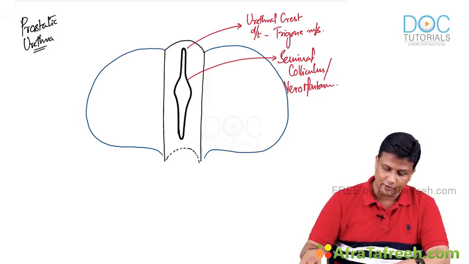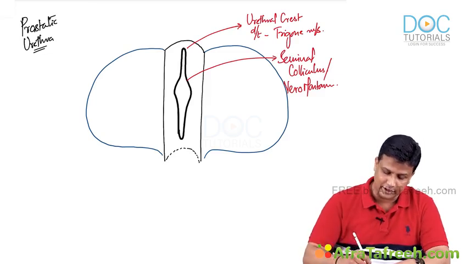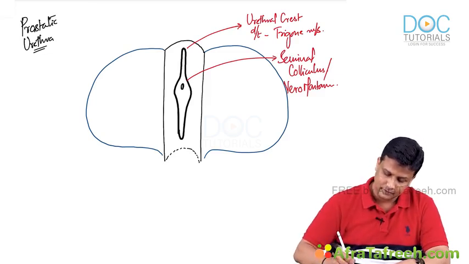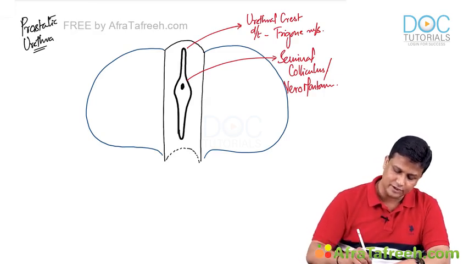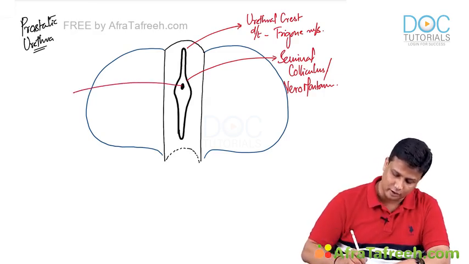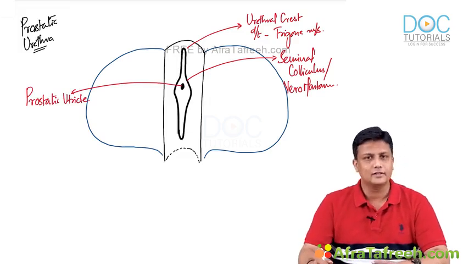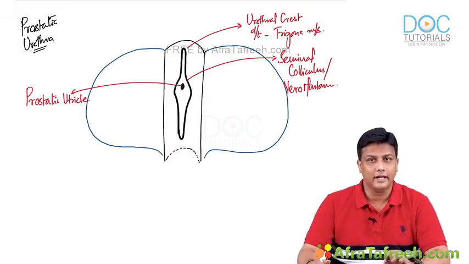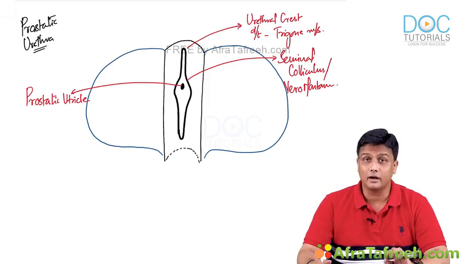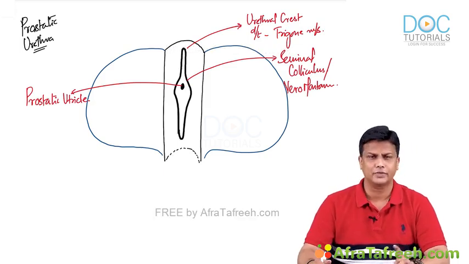On that you can appreciate the prostatic utricle. Now what is this prostatic utricle, guys? Try to recall from the embryology part. The prostatic utricle is actually a remnant. In males, it represents the remnant of the Mullerian duct.